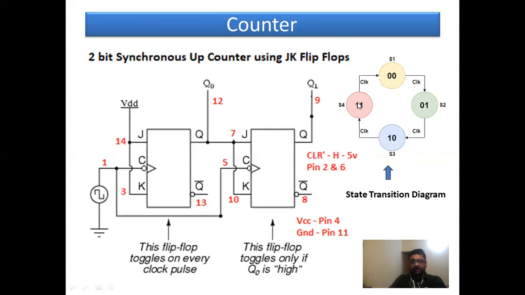Then you have to write the excitation table of the considered flip-flop. After the excitation table, you have to solve the K-map. After solving the K-map, you'll get a reduced or minimized Boolean expression, and that can be implemented into a circuit. So these are the steps involved in designing a synchronous sequential circuit.